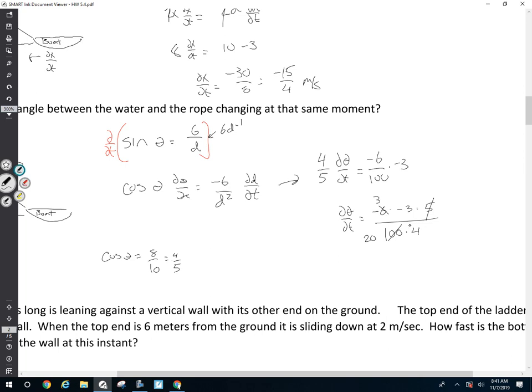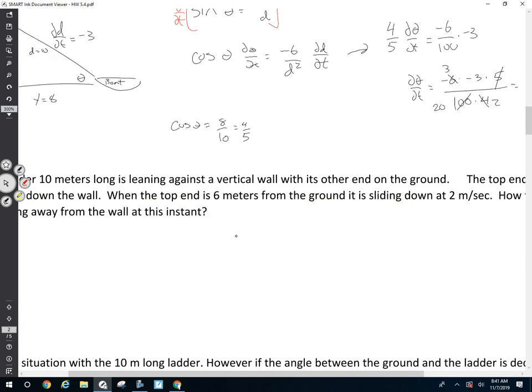This turns into 2. -9, that would be a +9. 9 over 40 rads per second. Makes sense, the angle should be increasing, and we're good.